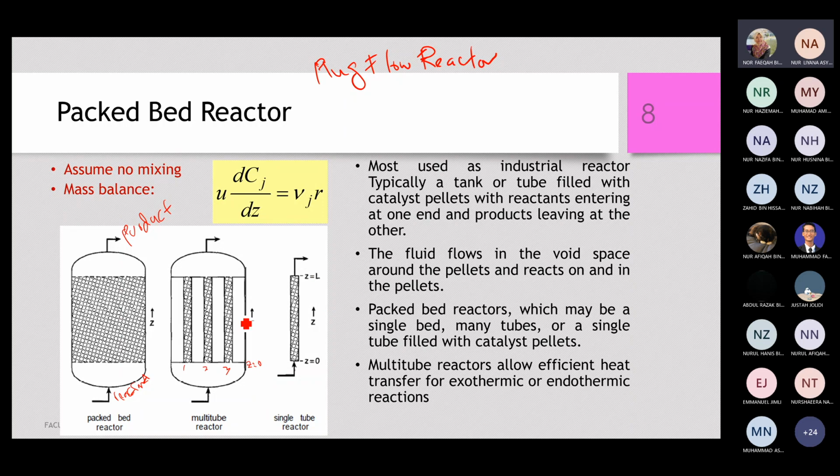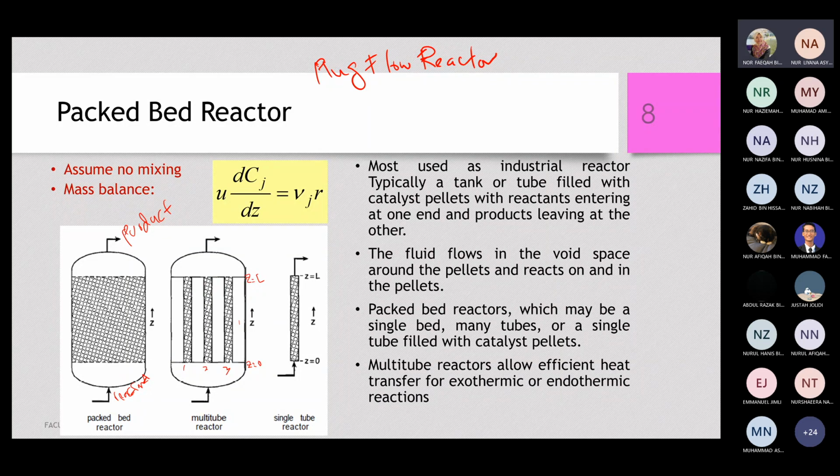Z equals 0 until Z equals L, the length where the reaction occurs. So this is where the reaction occurs. Similar for packed bed reactor, multi-tube reactor, and single tube reactor. The reaction will not occur at other parts that do not contain catalyst.